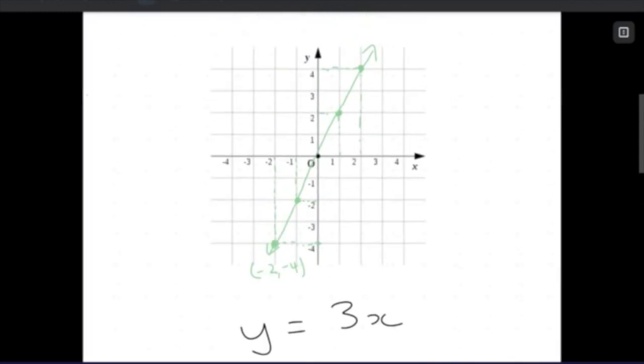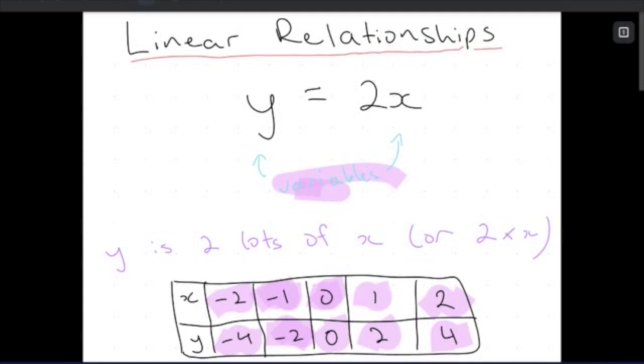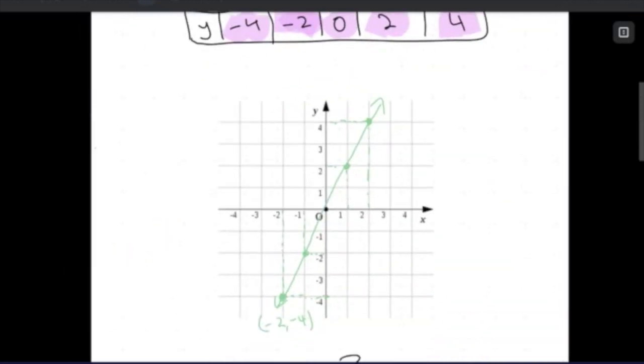Okay, so in the last video, we looked at a type of linear relationship, a certain one with two unknowns, a y and an x, and we examined how these variables change as we go along our x and y plane.